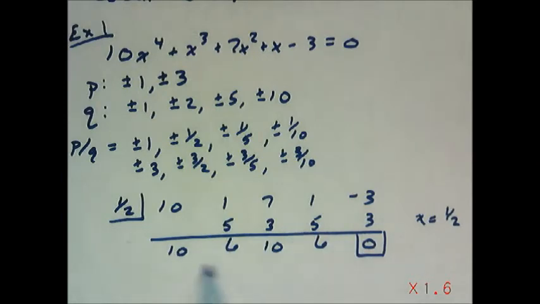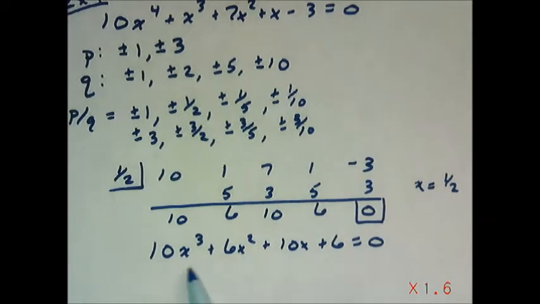So looking at my remainder, I have 10x to the 3rd plus 6x squared plus 10x plus 6 equal to 0. Now I can look at this cubic instead of that quartic up at the top. Well, if we notice 10, 6, 10, and 6, we can factor out a 2.